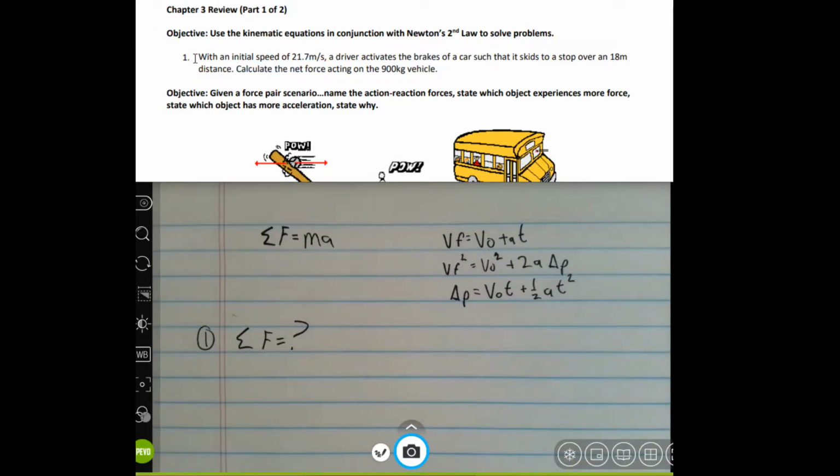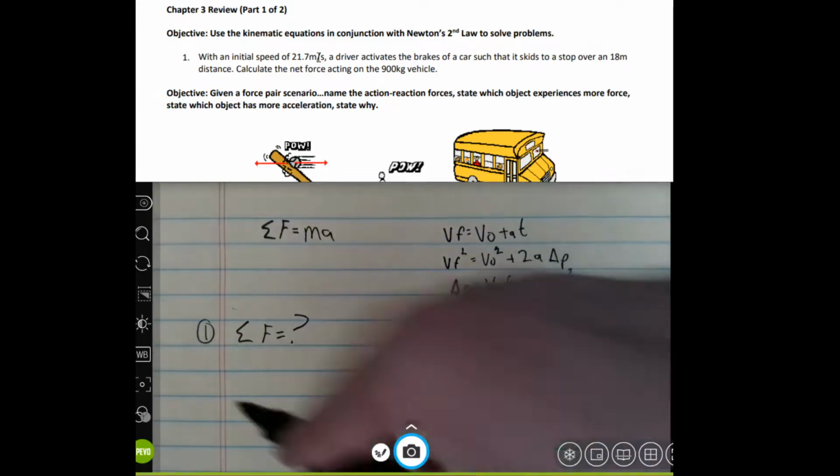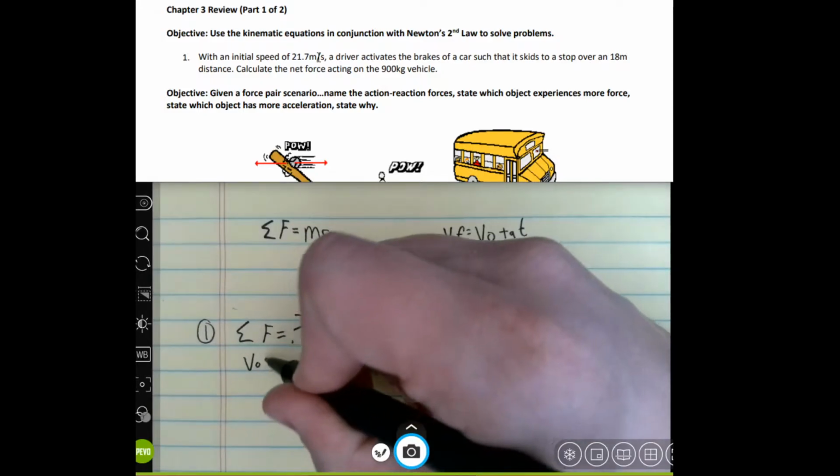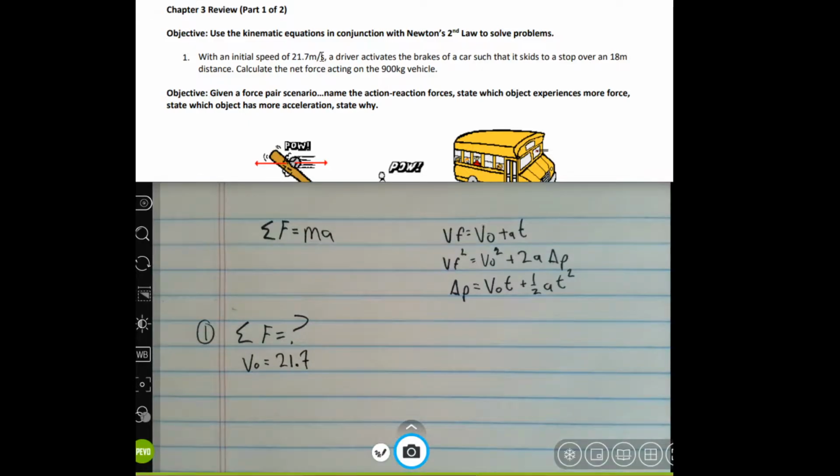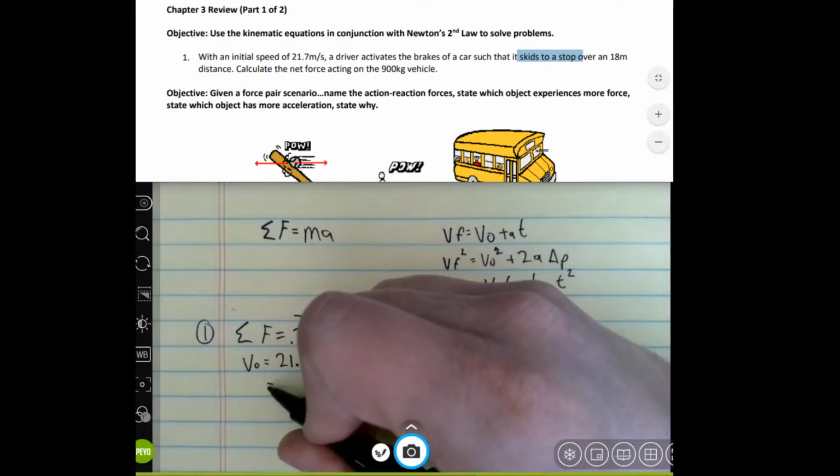They say from the top here, an initial speed of 21.7, so that's VO. A driver activates the brakes such that it skids to a stop. What does that imply? If something comes to rest like this, which of our values is 0?